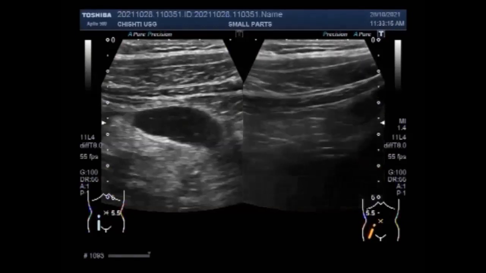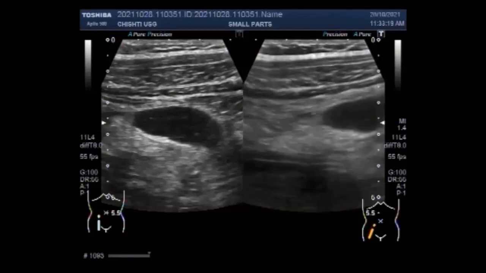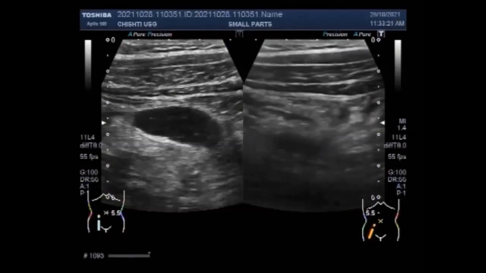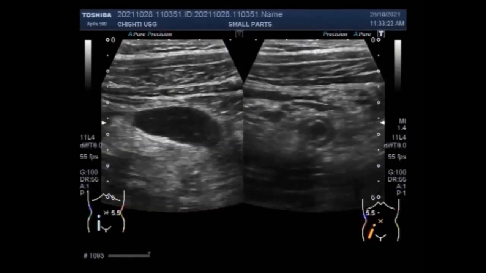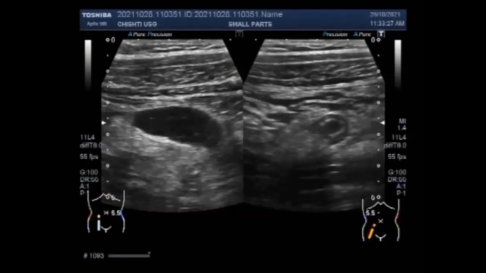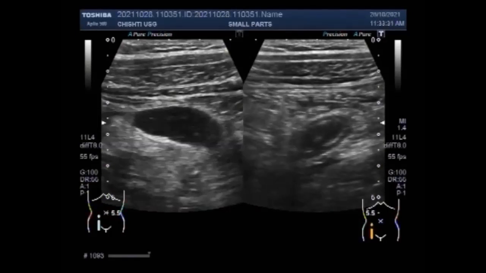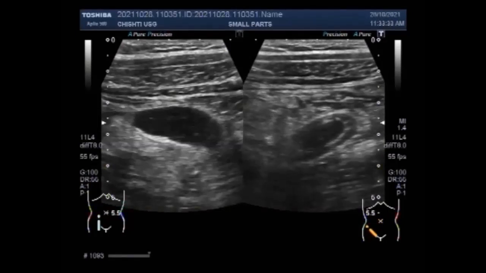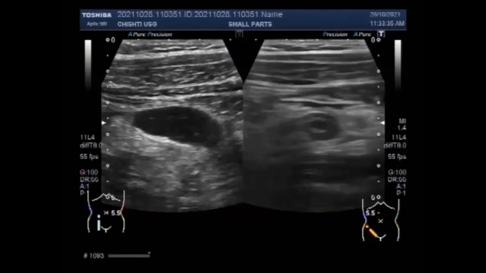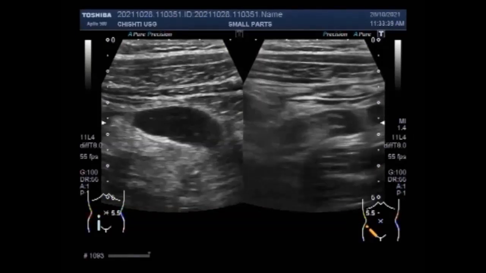Appendicitis happens when the inside of the appendix is blocked. Appendicitis may be caused by various infections. A blockage in the lining of the appendix that results in infection is the likely cause of appendicitis. The bacteria multiply rapidly, causing the appendix to become inflamed, swollen, and filled with pus. If not treated promptly, the appendix may rupture.